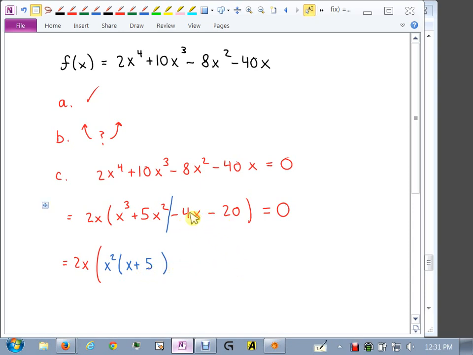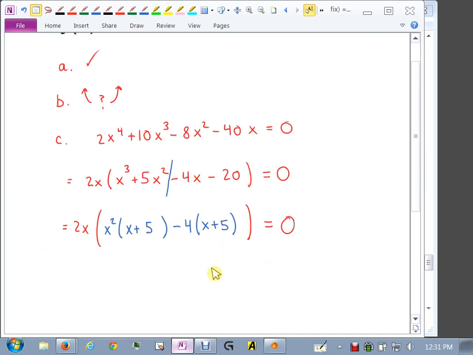Negative 4 comes out of both of these, right? So I put a negative 4 right here, then in parentheses, x plus 5. That is me doing the grouping inside this big red parenthesis. Pulled x squared out of that one, pulled negative 4 out of that.